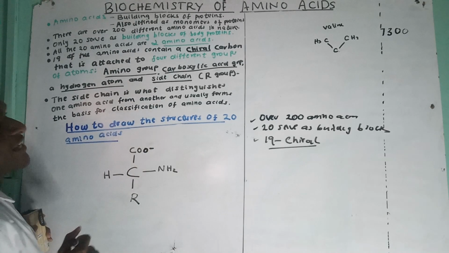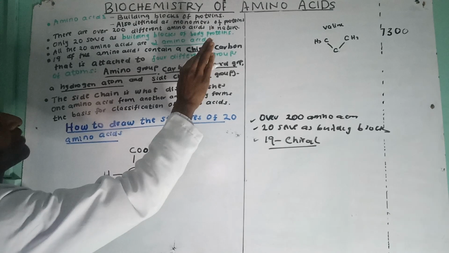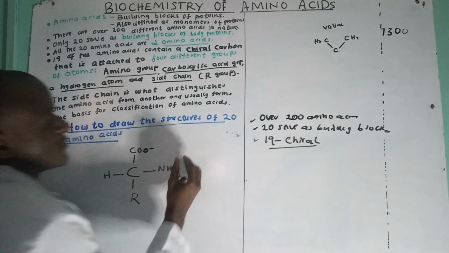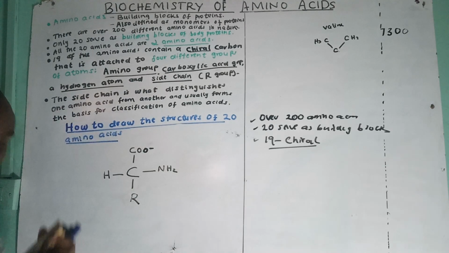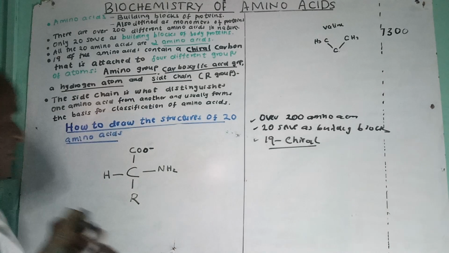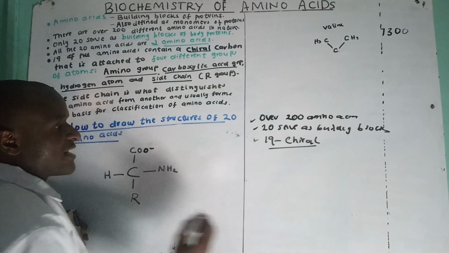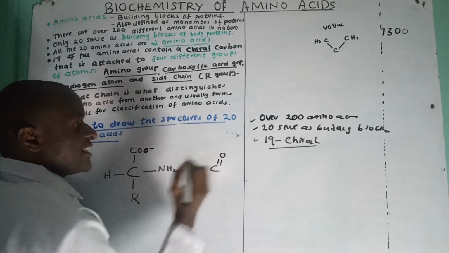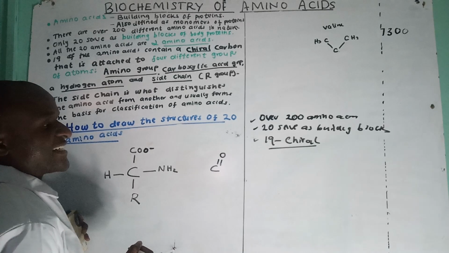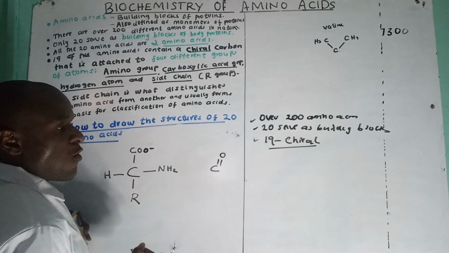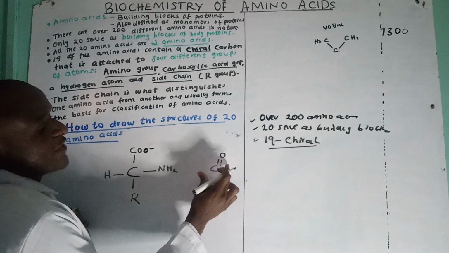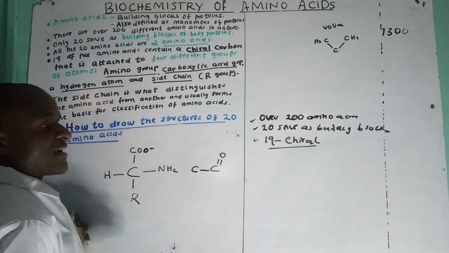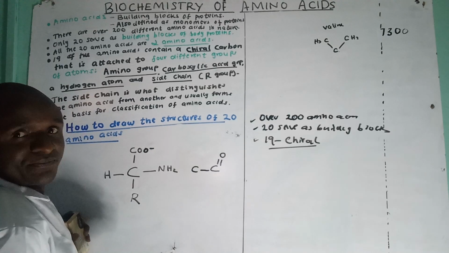So before we start drawing amino acids, I want us to focus on this word, alpha amino acid and chiral carbon. So from the basic organic chemistry, I don't know if you can remember the meaning of an alpha carbon. A carbonyl carbon refers to a carbon atom that is attached to an oxygen through double bond O. So if we have this carbon, any other carbon that is attached to it is referred to as an alpha carbon.